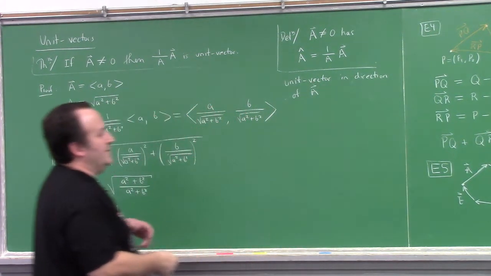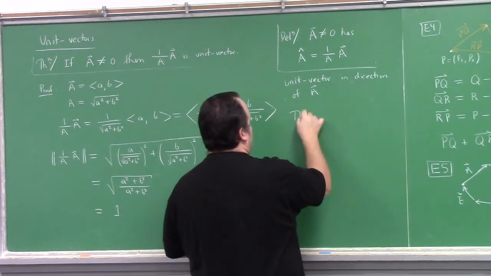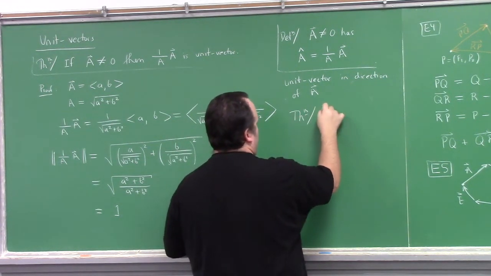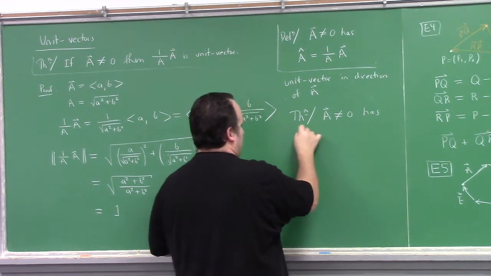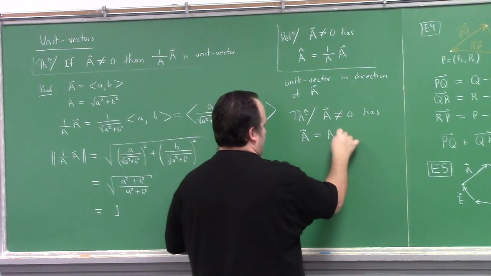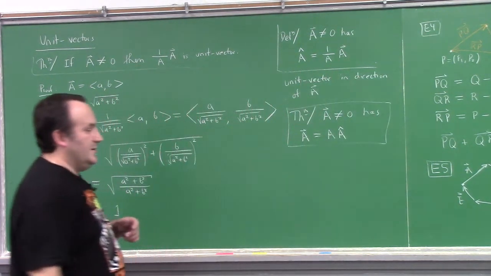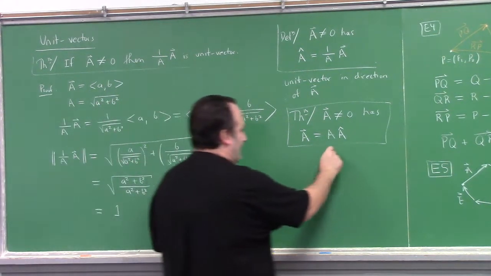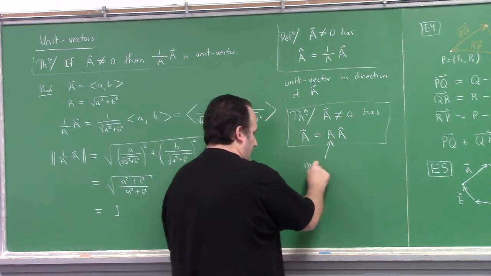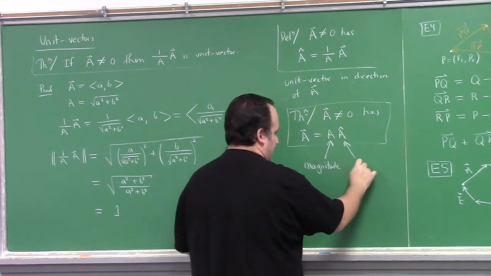And notice that you have an immediate corollary to this theorem: A not equal to 0 has A equal to the length of A times A hat. In other words, any vector can be written as a product of its magnitude, or length, and direction, as a unit vector.